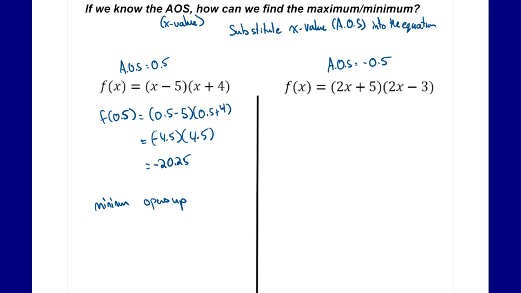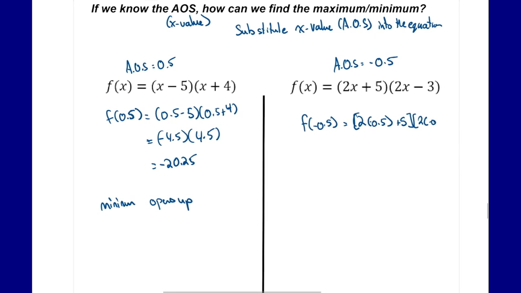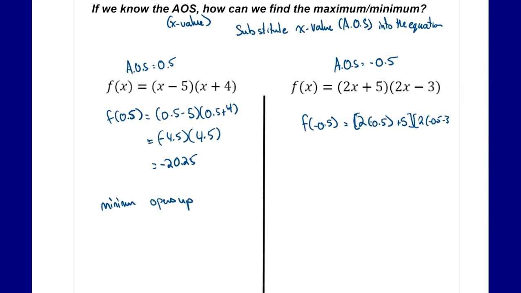For the next one, same idea. F at negative 0.5 is equal to 2 times 0.5 plus 5 times 2 times negative 0.5 minus 3.